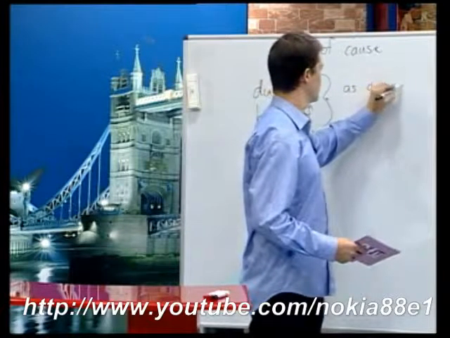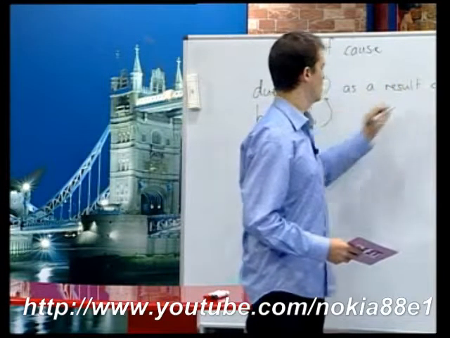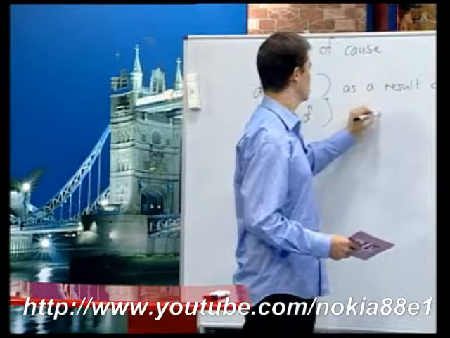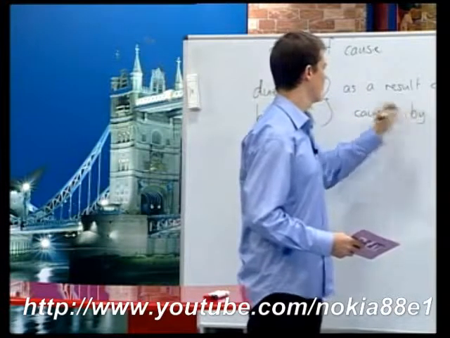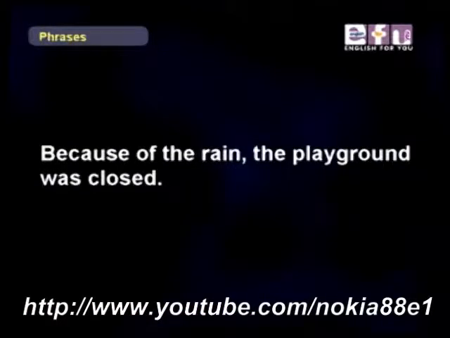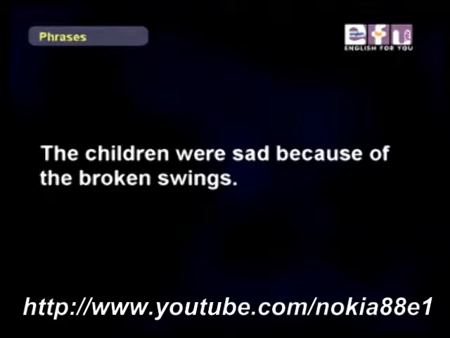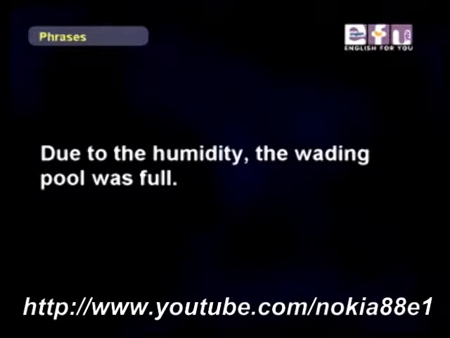As a result of or caused by. In the first sentence, the playground was closed as a result of rain. In the second sentence, the children were sad because the swings were broken. In the third sentence, the humidity caused the wading pool to be full.